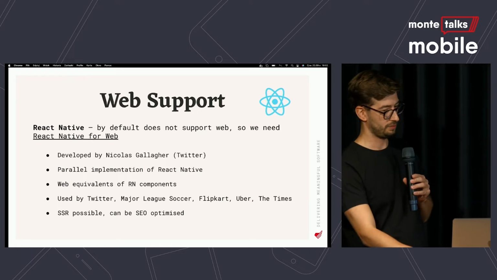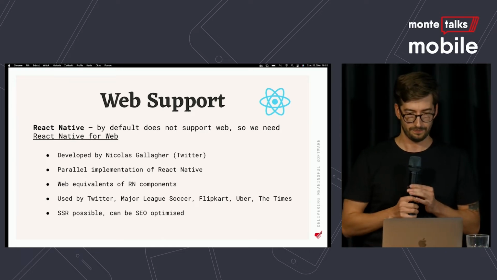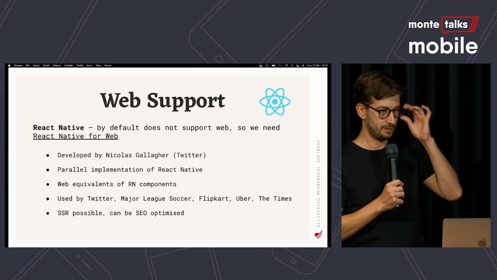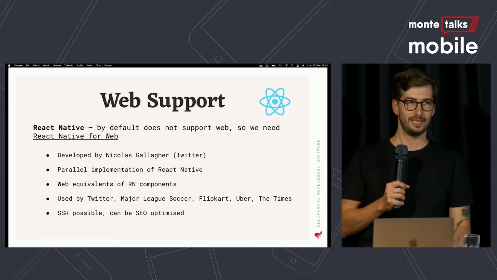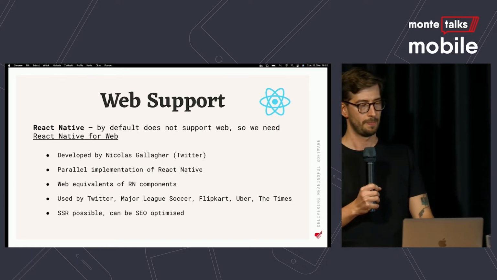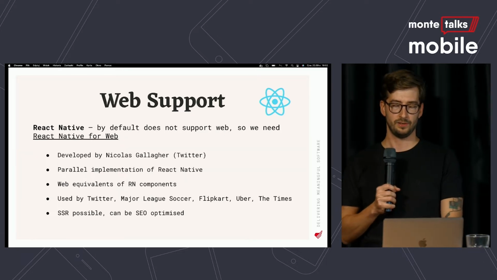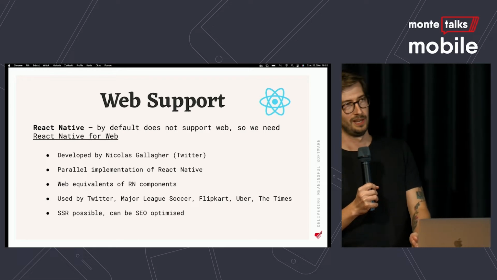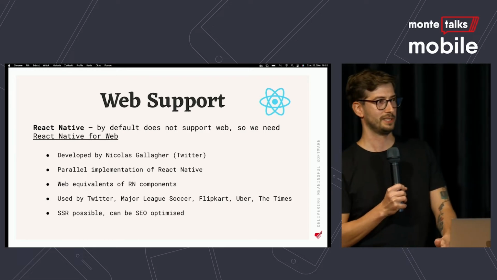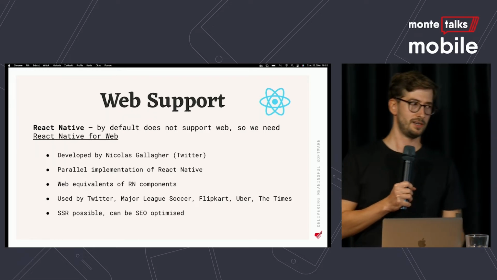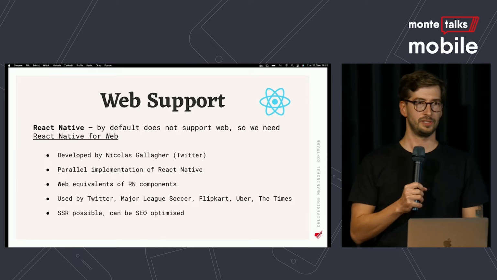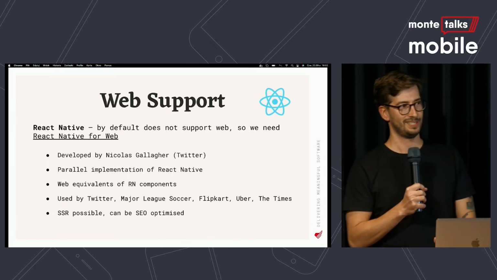And what is really important from my perspective is that it is possible to have it server-side rendered and SEO optimized. What is important in that part is that many of the apps that are not only for logged-in users have to be server-side rendered.